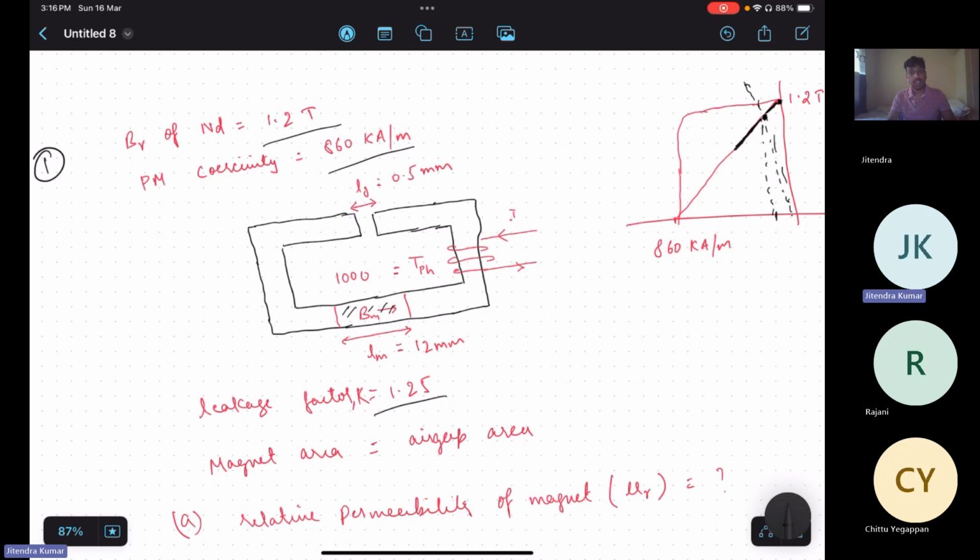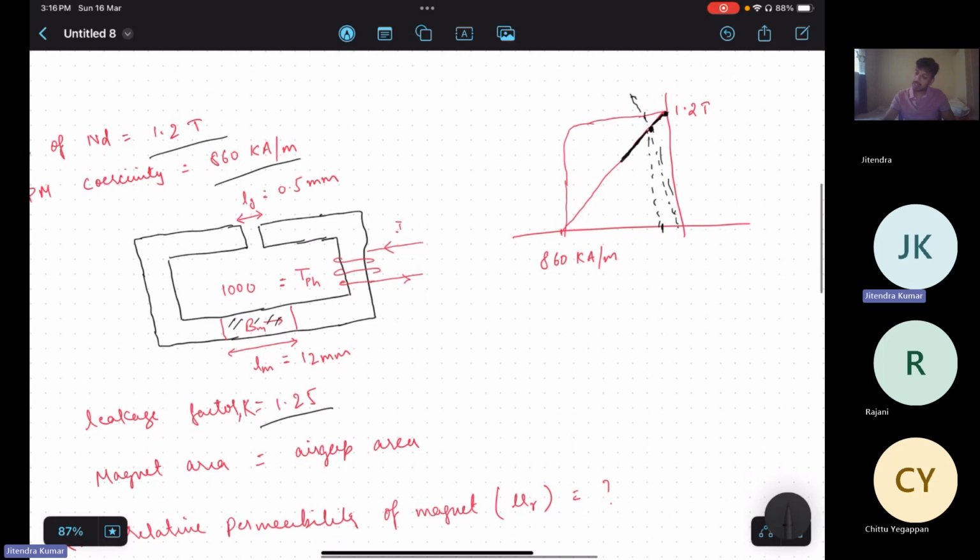So what happens? A flux will be established in the air gap by the permanent magnet, and because of this magnetic circuit, the operating point of the magnet will shift from this remnant flux density point with respect to how much coercive force is being applied there. So how much will be the coercive force of this air gap?